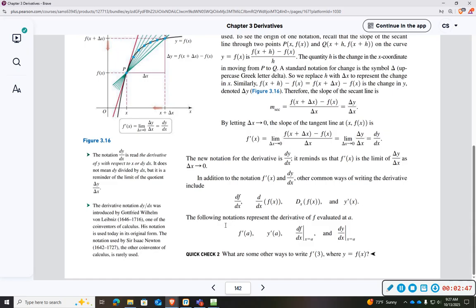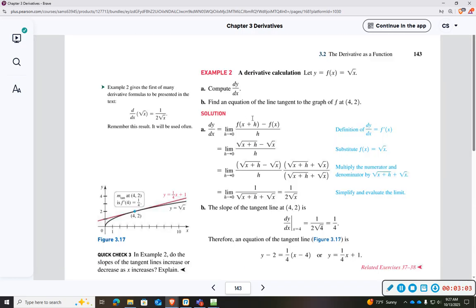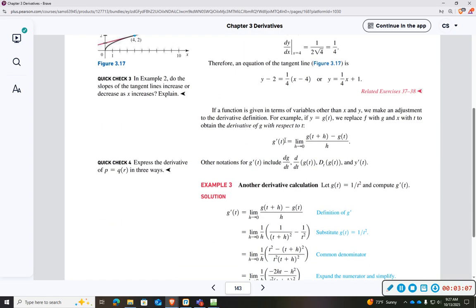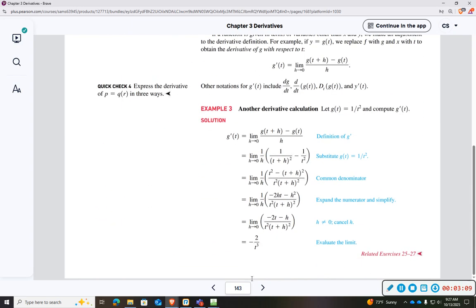So these below are the derivative evaluated at some value a, and these are also some methods that you will see as well. And they just all mean derivative of y with respect to x. So here's some more calculations, just showing you how to compute derivative with different functions.